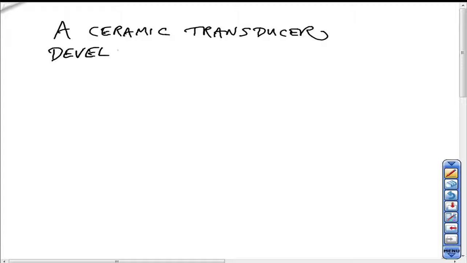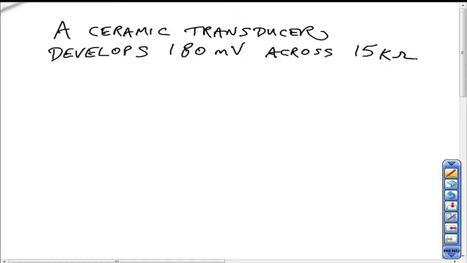Here we have a ceramic transducer. We are told that this guy develops 180 millivolts across a 15 kiloohm input.